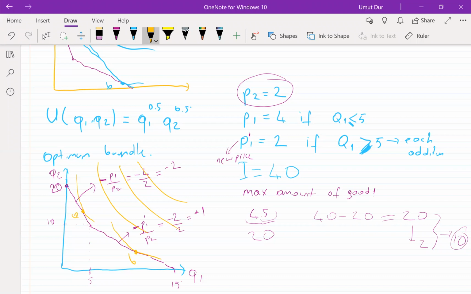I will equalize this to the marginal rate of substitution, and I will solve the problem. So what is the marginal rate of substitution here?